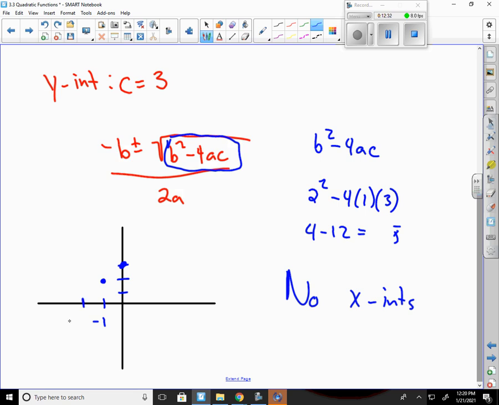So I can go the opposite direction, knowing it's a parabola, left 1 and up 1. And that's going to give me another point. So I can finish out my basic sketch of the graph. By the way, your line should go through that point. And so there's my basic sketch of a graph.